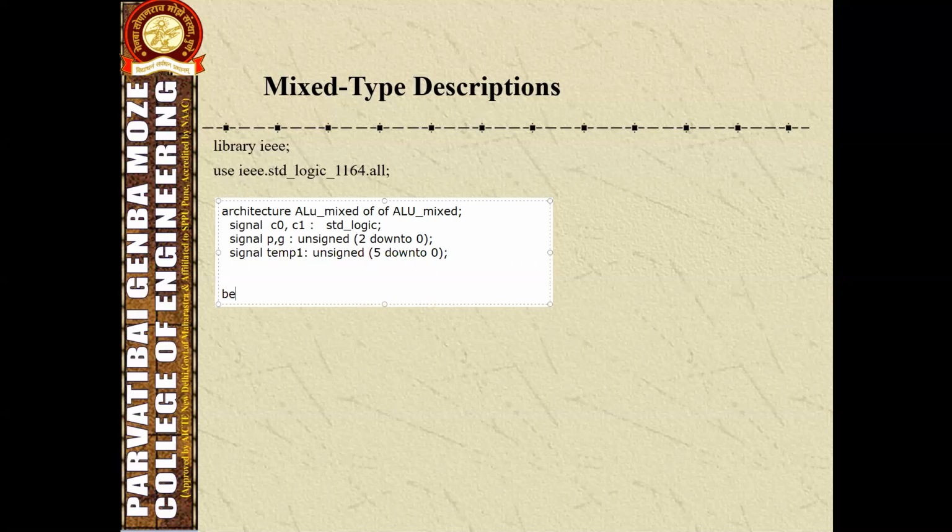Now I am going to begin the architecture. First I am writing the architecture in the data flow description model, because mixed type is a combination of two or more descriptions. I want to assign my output G. G should be my output.